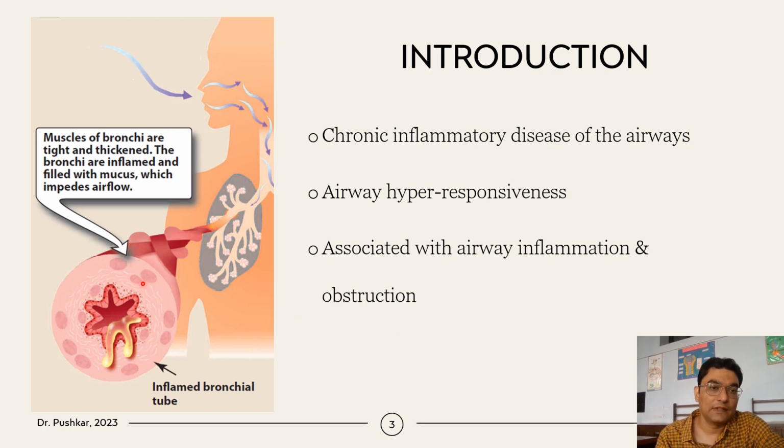As you can see here, the muscles of the bronchi are tight and thickened because of inflammation, and there is mucus. All this leads to obstruction of the pathway, which leads to difficulty in breathing.